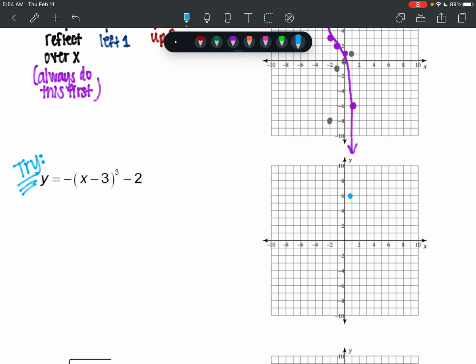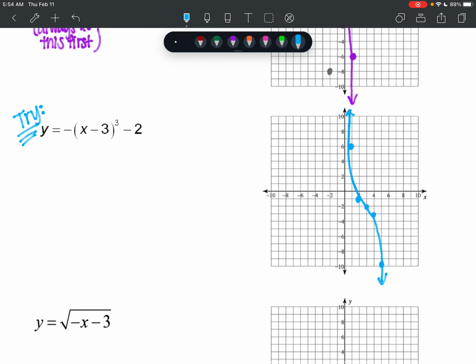You should have a point at 1, 6, -2 or +2, -1, +3, -2, +4, -3, and then +5, -10. So your graph should look like that. And if it does, fantastic.